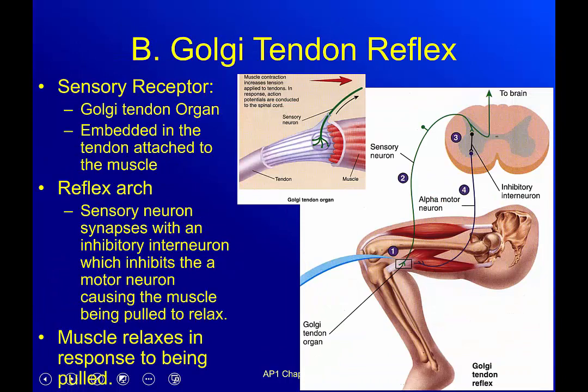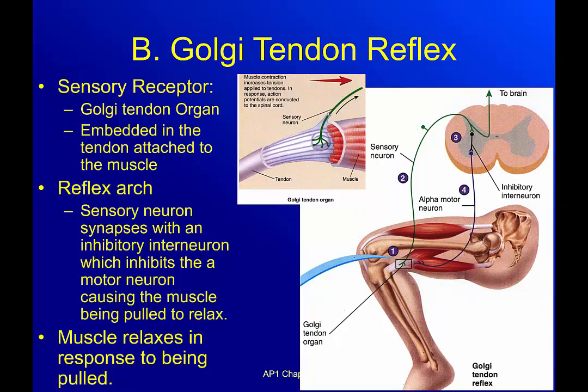So the Golgi tendon reflex, this is actually happening down here in this muscle. That kick reflex that's happening because this quad muscle is contracting yanks on this muscle down here, okay?